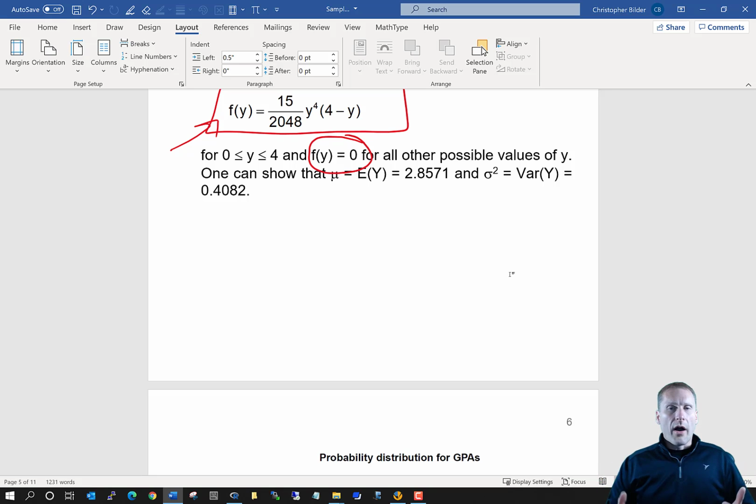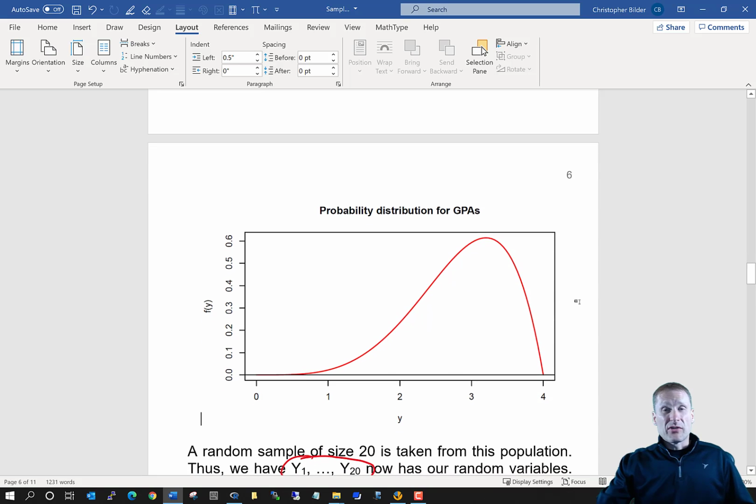Why are we stating what this probability distribution is? The reason is that this doesn't look like a normal distribution at all. Yet in the end, when we work with y bar, the mean of all those y's, we will get an approximate normal distribution. So stay tuned.